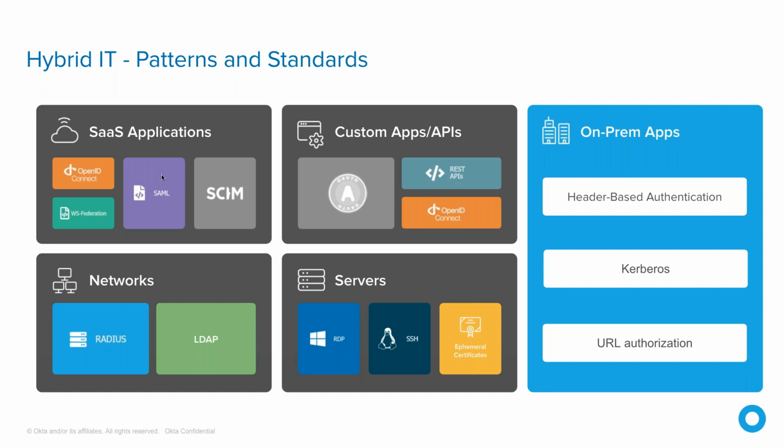We've got SaaS applications. This was what Okta was certainly born to solve problems around. In addition to custom apps and APIs, we've got server access or infrastructure access. We need to cater for that as well. And then we've also got on-premise apps that we also need to cater for, so that those legacy applications that were deployed on-prem don't necessarily go away overnight.